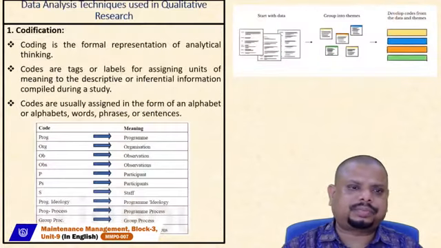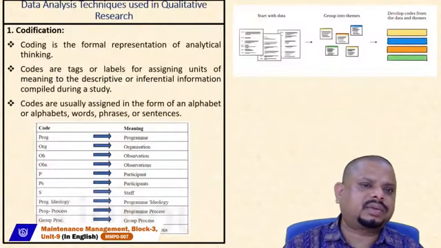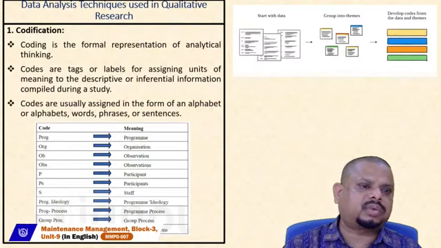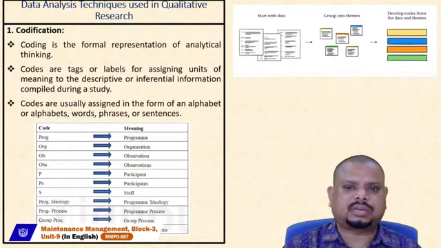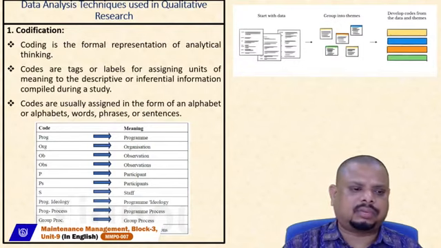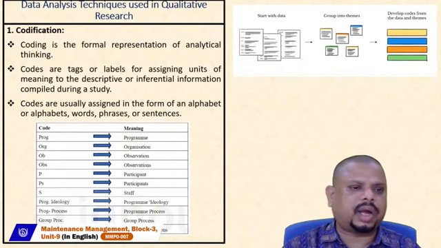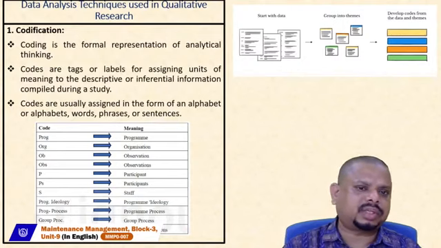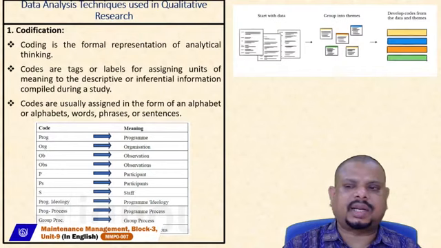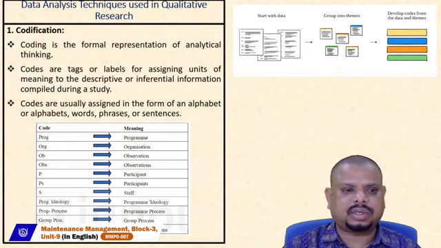Moving to the next one. The next one is data analysis techniques used in qualitative research. The first one we have is codification. So I have given the different codings. Let's understand what a code is and why coding is used in research, especially with reference to data analysis techniques used in qualitative research.